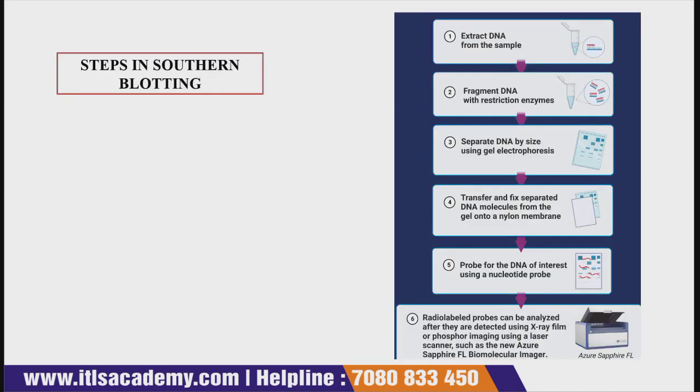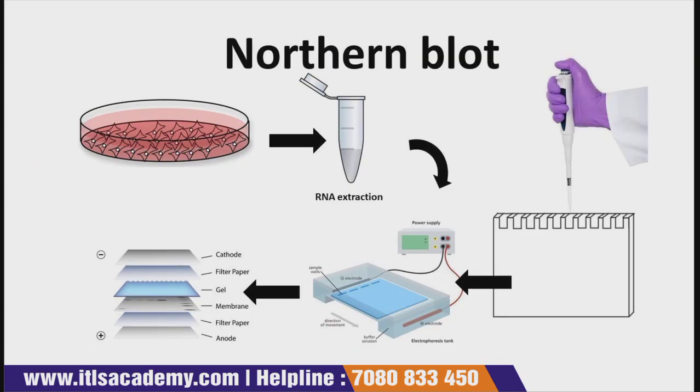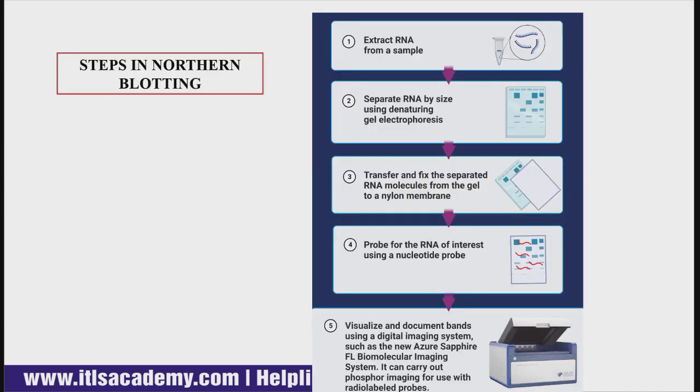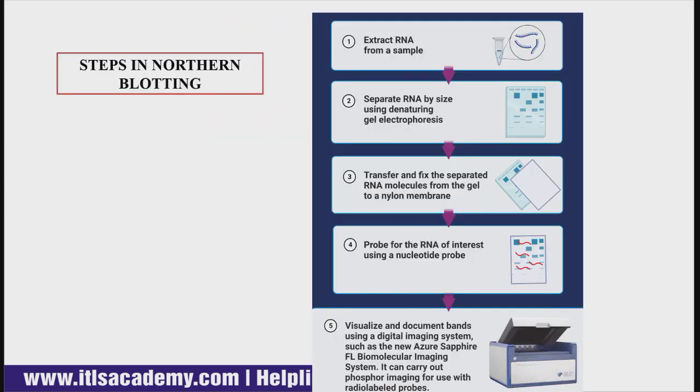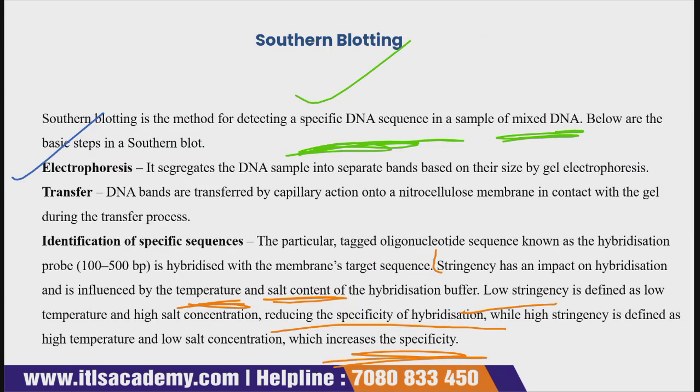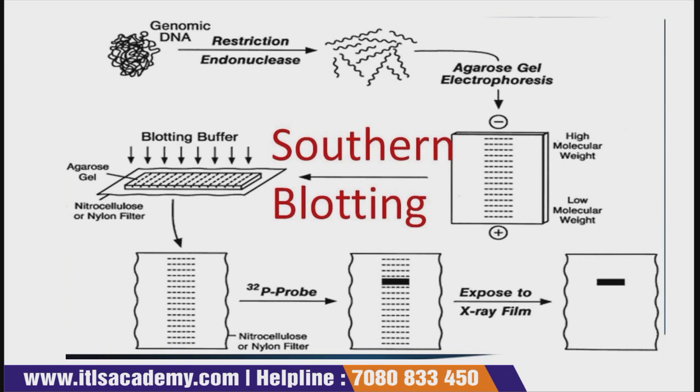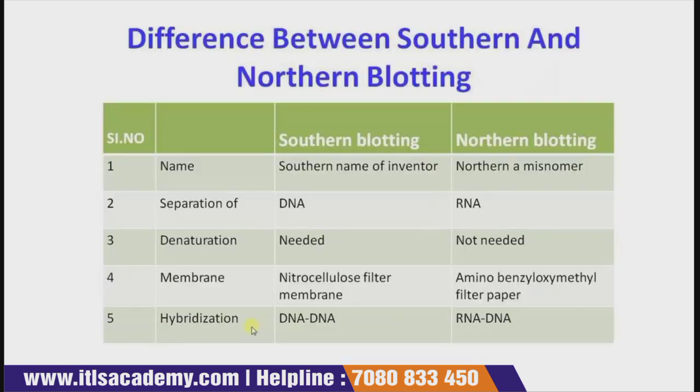As far as the other blotting is concerned, both are somewhat the same, the steps are the same, only here you are separating the specific DNA sequence and there you are separating a different specific sequence. Now let us understand the basic differences between the two. This question is there 110% in the examination, so you must be aware of it.